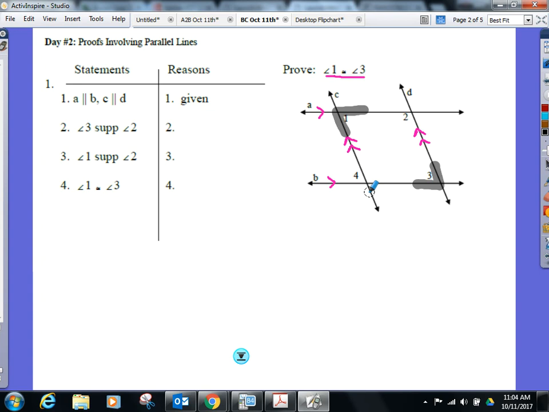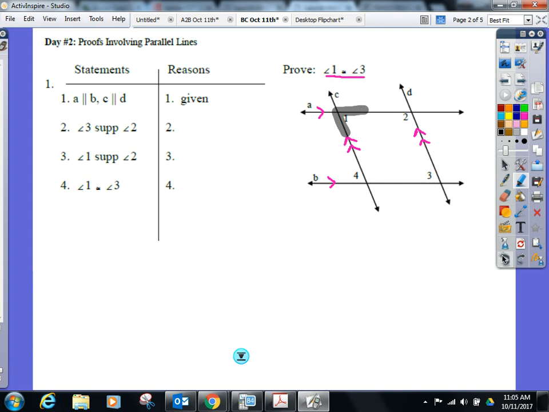If these are my parallel lines, what's this acting as for angle 1? Do you agree they have two different transversals? No special types of angles are going to be formed on two different transversals. They're always on one transversal. So 1 and 3 are on two different transversals, which means they have no special relationship one bit. That's why this is not a two-step proof. All right, so how do I get there?